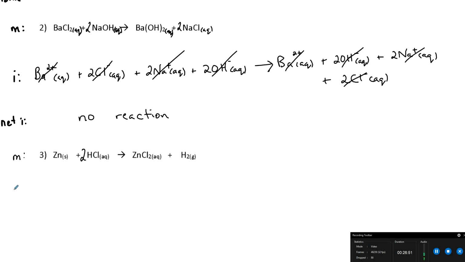Everything else is good. So for the ionic, well, anything that's not aqueous stays intact. So the zinc stays as is because it's solid. I'm going to break up the HCl because it's aqueous.